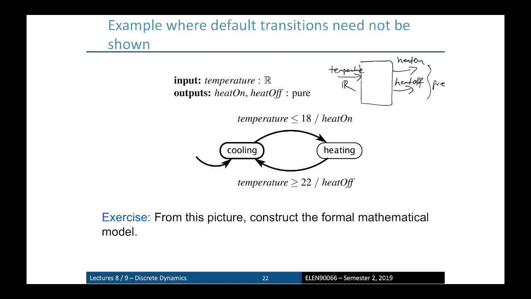And they're both pure outputs again. What the difference here is, just look at the state diagram. Immediately we don't need those loops in states.